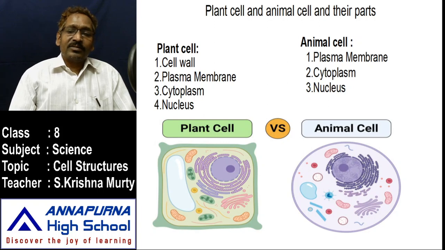When we observe the plant cell and animal cell, different parts are there. So what are the parts present? Look at that. Ribosomes are there, chloroplasts are there, endoplasmic reticulum is there, lysosomes are there, plastids are there, vacuole is there, and mitochondria are there.